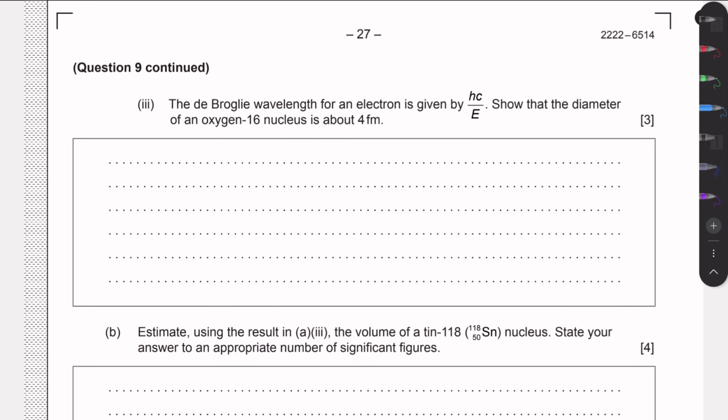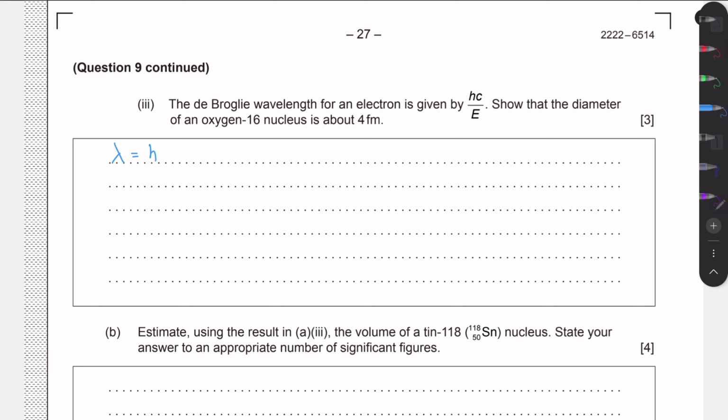And then we know that the de Broglie wavelength for an electron is given by this formula. And we need to show that the diameter of an oxygen nucleus is about 4 femtometers. So firstly, we can calculate the de Broglie wavelength of the electron.